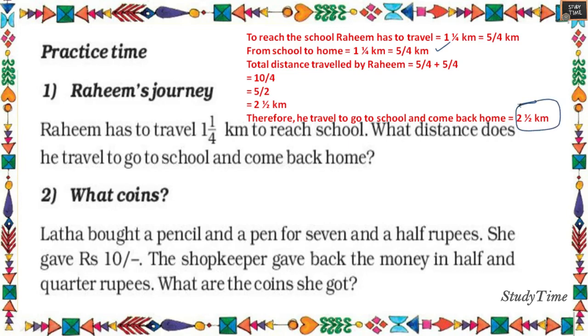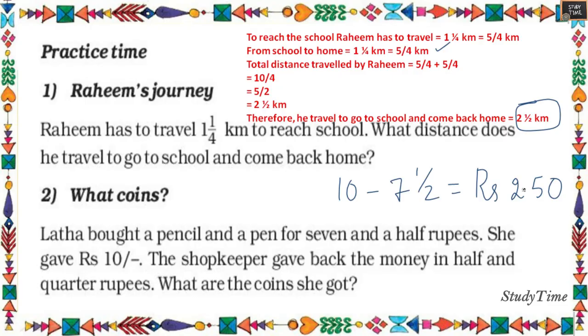2.5 kilometers is the answer. Lata bought a pencil and a pen for 7.5 rupees. So she gave 10 rupees. 10 minus 7.5, the shopkeeper would have given 2 rupees 50 paise. So what are the coins she got?